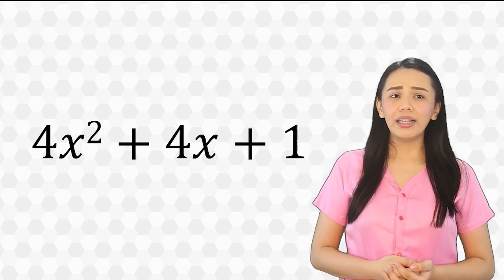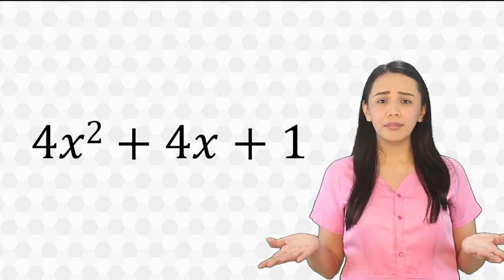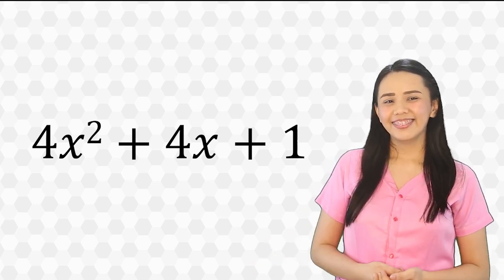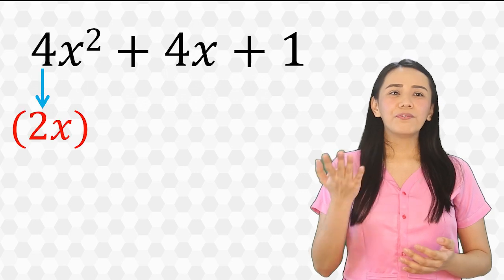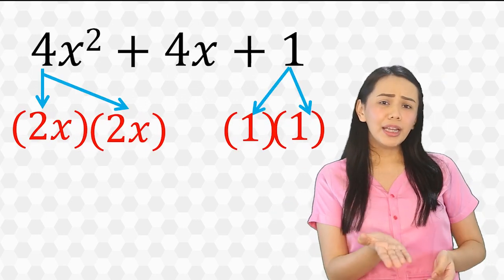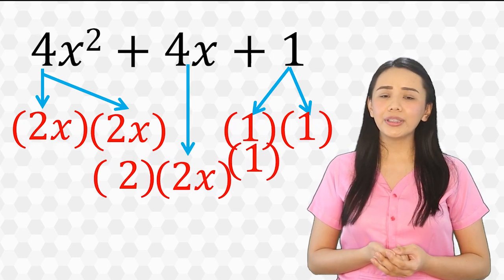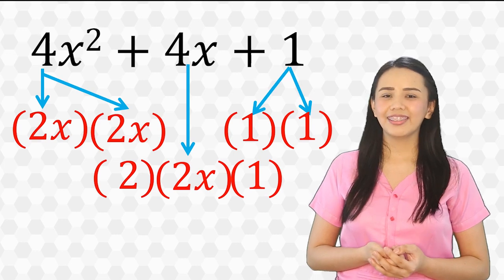Does this trinomial have the 2 characteristics of a perfect square trinomial? Definitely! The first and last terms are perfect squares, and the middle term is 2 times the square roots of the first and the last terms.